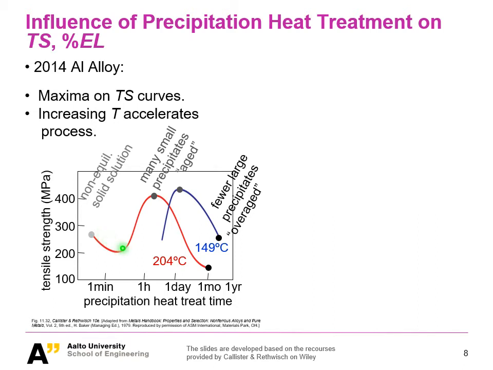I think you can easily imagine why that happens. For the non-saturated solid solution, it's relatively hard because there are a lot of internal stresses there. If you give a little bit of temperature, the internal stresses will be somewhat released. And if you don't produce a large amount of precipitates of the second phase, you will basically have a drop in your tensile strength.